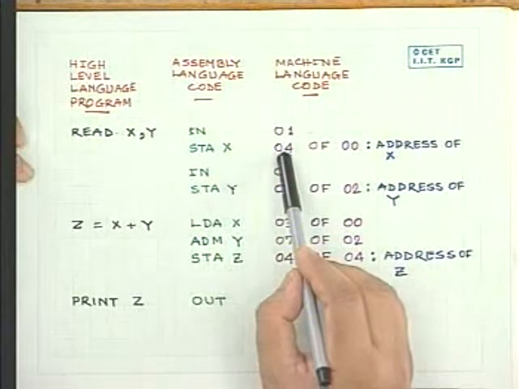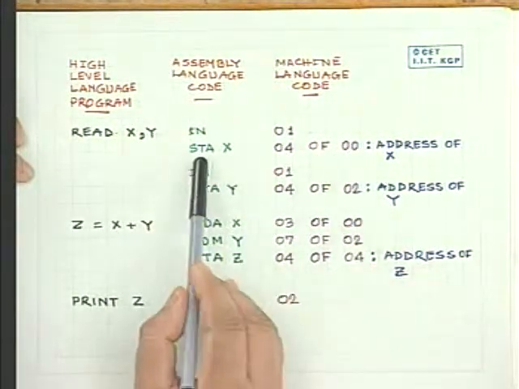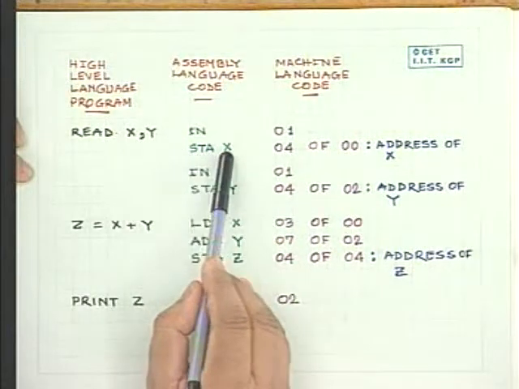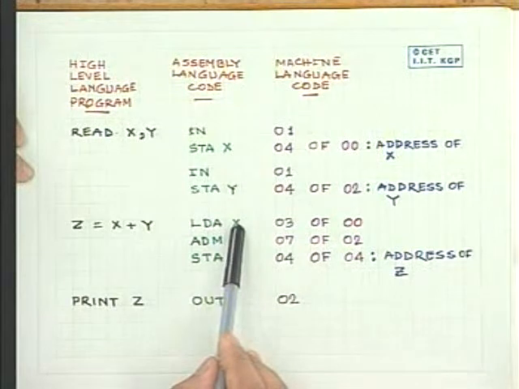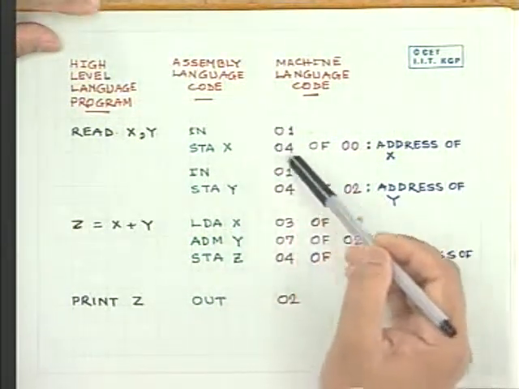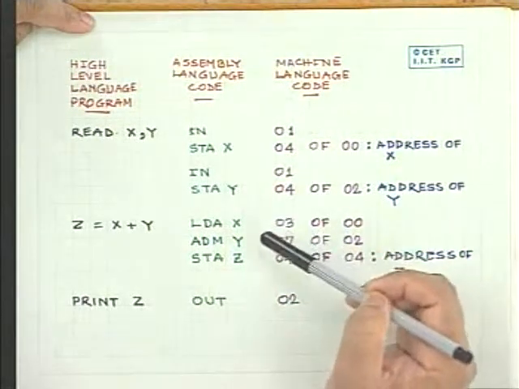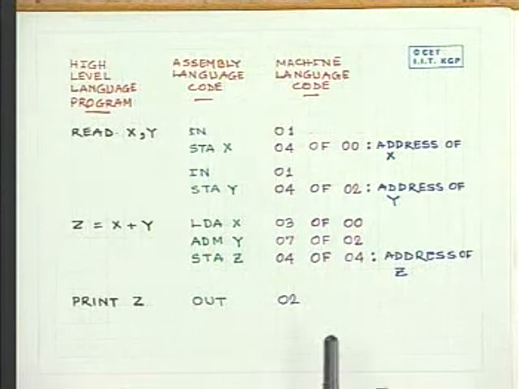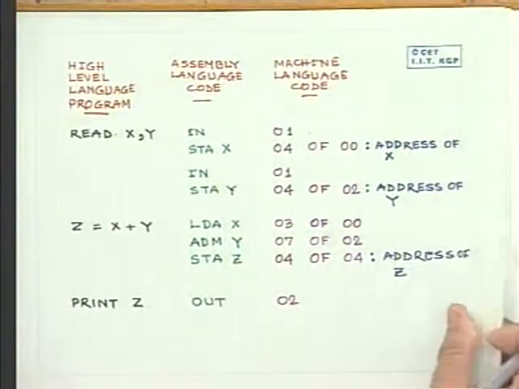That means every instruction has at most one address. Say STA has one address, then load accumulator has a single address, and so on. That is why I'm talking about a single address accumulator based machine.